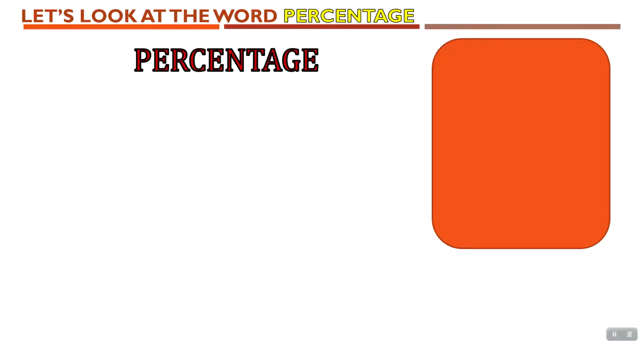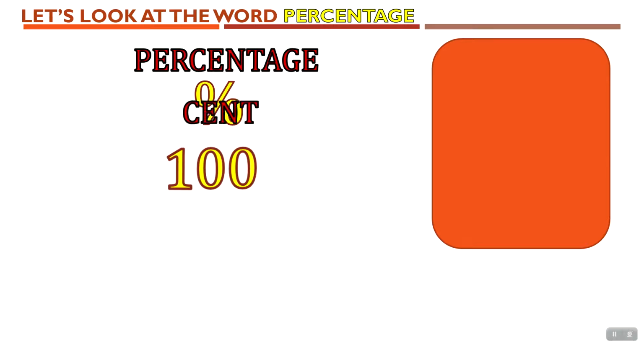Let's look at the word percentage. We often write this symbol as the percentage symbol. And if we break up that percentage symbol, we can see that it turns into the number 100. The word percentage means out of 100. We can see in the middle of the word percentage, there's the word cent.